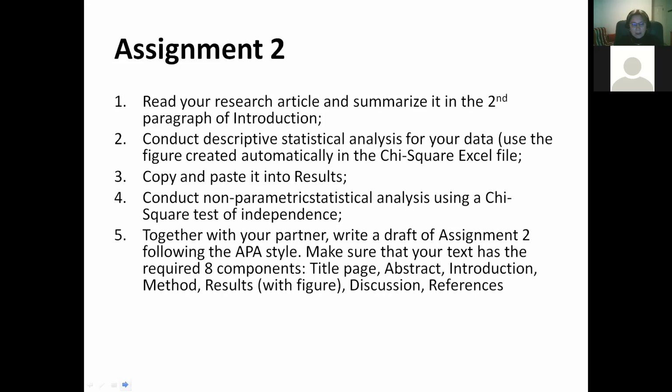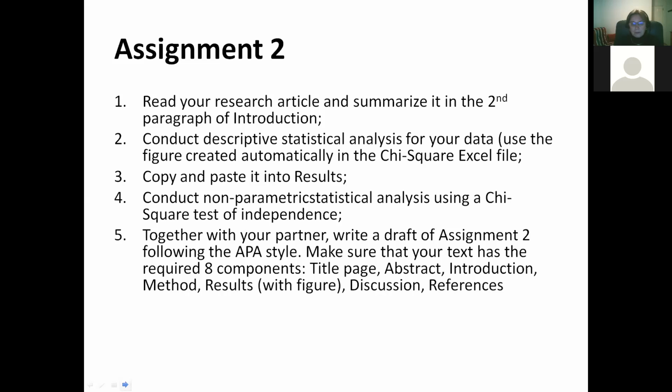Method we've already discussed. We started talking about statistical analysis, which consists of 2 things. It consists of your descriptive statistical analysis, and that's basically the figure from the chi-square Excel file. And now, again, I'm just reviewing the things. I'll show it to you again.